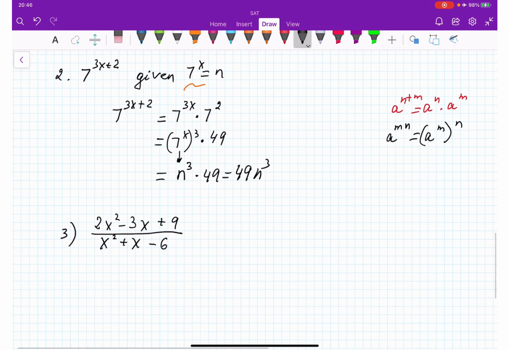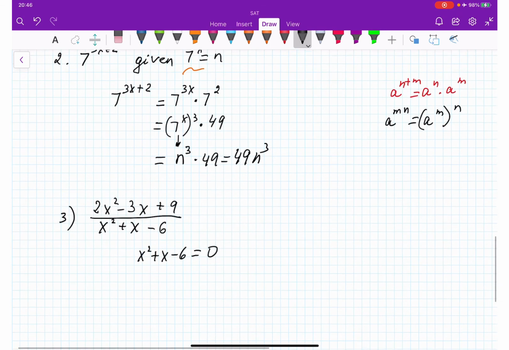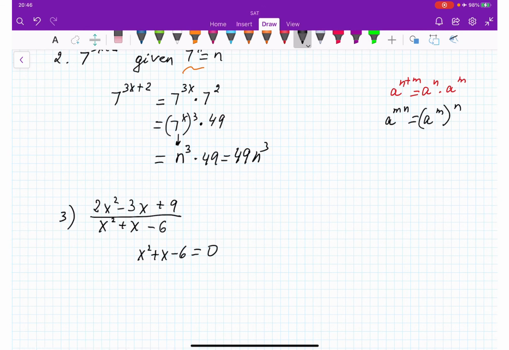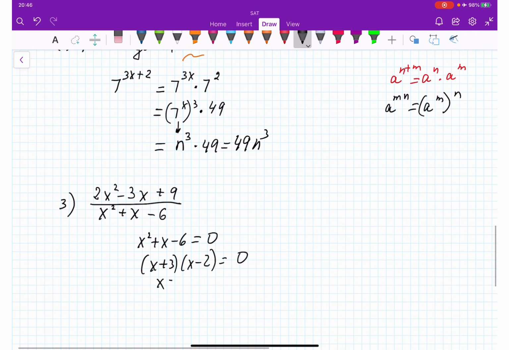So to have it undefined, we have to set x squared plus x minus 6 equal to 0. Right? That's the case when it will be undefined. So let me factor it: x plus 3, x minus 2 is equal to 0. And from here, x is equal to negative 3, x is equal to positive 2. So the answer is, at the value of x equal to negative 3 or x equal to 2, our expression is undefined.